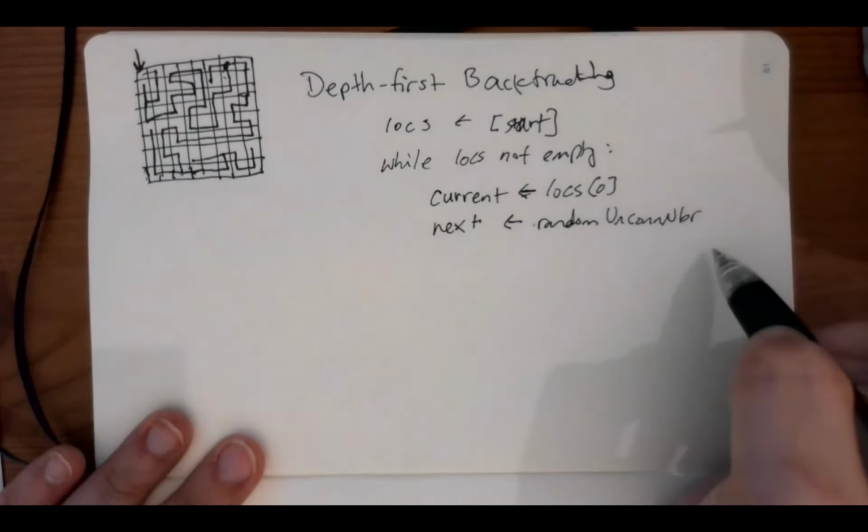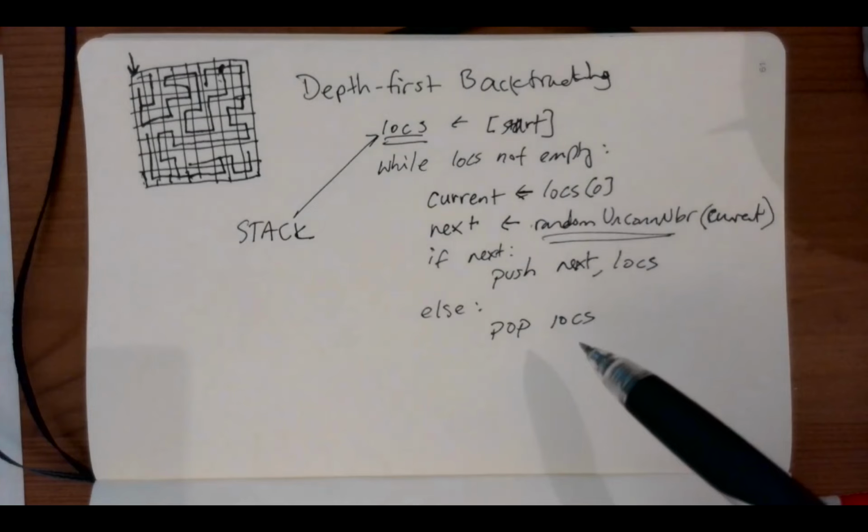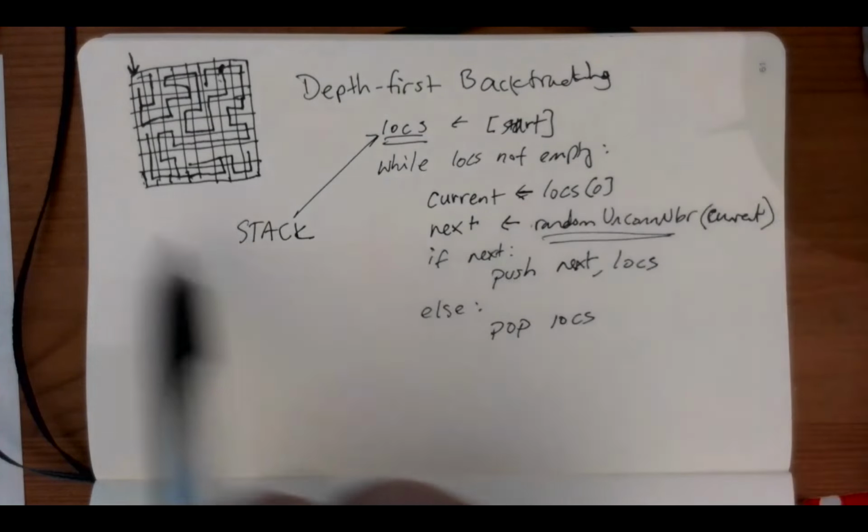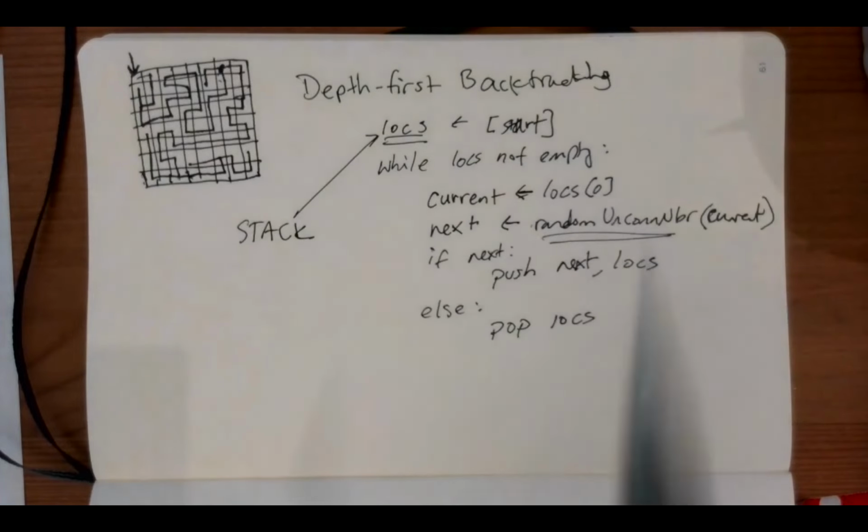Basically each iteration will continue going backwards until you get to one that does have some random unconnected neighbor that you can traverse. Eventually, the whole locations list will be empty, and then at that point, you will have covered all of the cells in your grid.